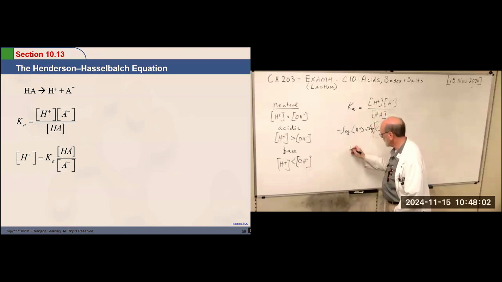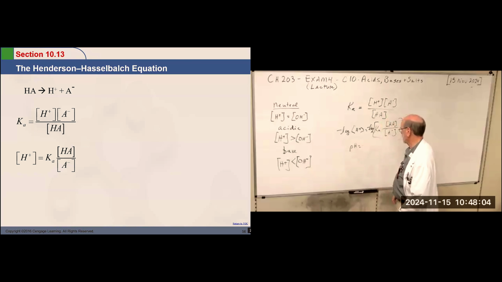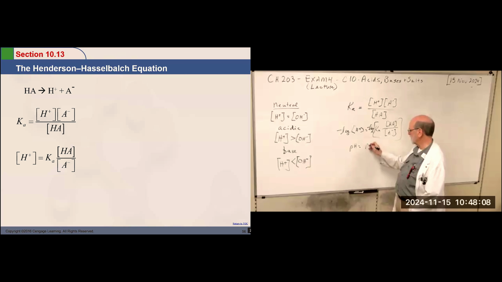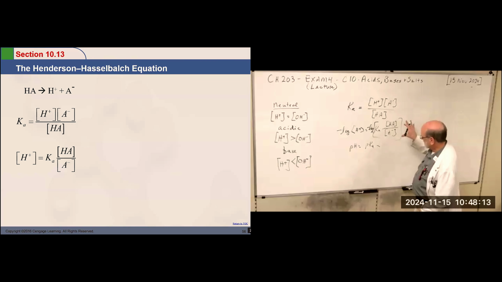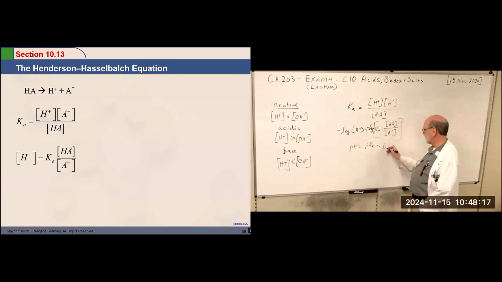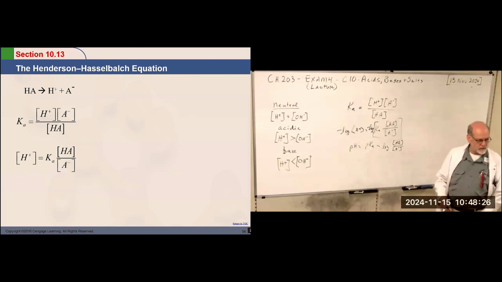And what he got over here was pH equals the negative log of Ka, which is pKa. But he didn't want to break this one up, so he left it alone, and he said negative log of HA over A minus. But he wasn't too fond of negative values in his equation.